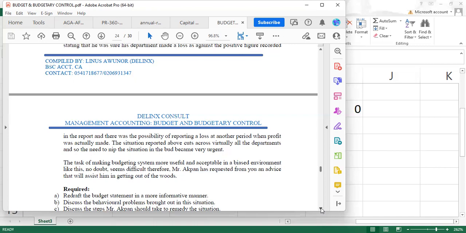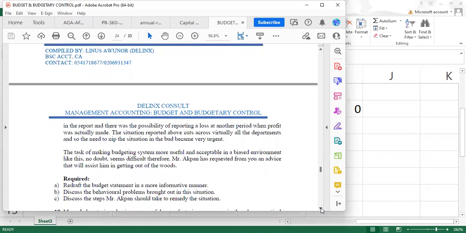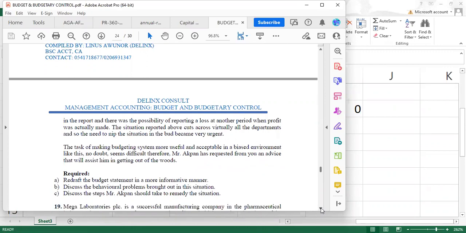Mr. Akpan has requested from you advice that will assist him in getting out of the woods. Required: A, redraft the budget statement in a more informative manner. B, discuss the behavioral problem brought out in this situation. And C, discuss the steps Mr. Akpan should take to remedy the situation.